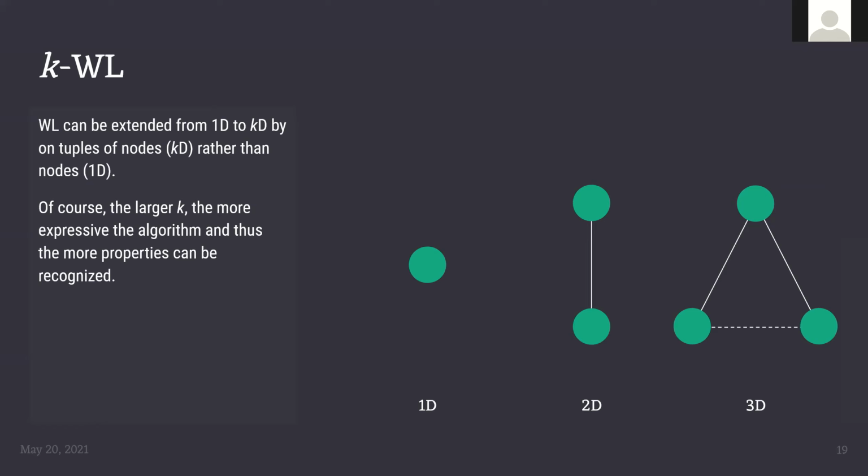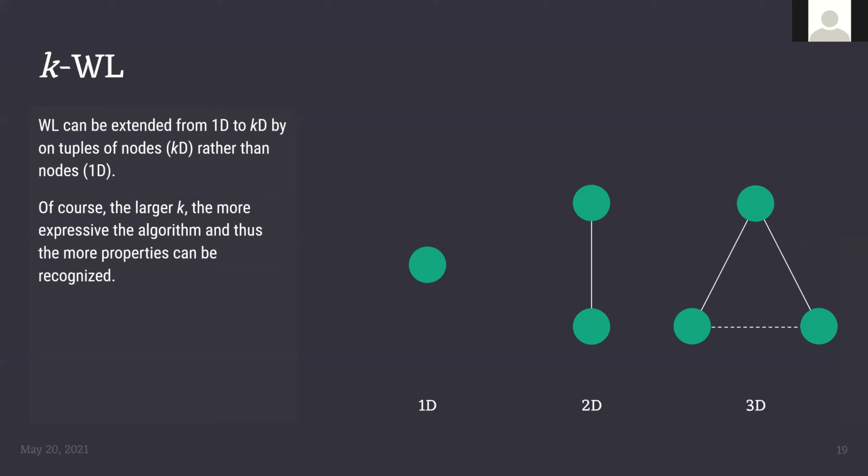So we go from a one-dimensional version of the algorithm to a k-dimensional one. Even though things get a bit more complicated in terms of complexity, the more you increase the dimension of the algorithm, the more interesting things you can capture.